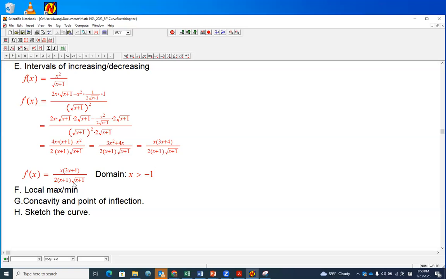What are the signs? This piece is going to be positive. How about x plus 1? x plus 1 is going to be positive because x is always greater than -1, right? So x plus 1 is always positive, so the denominator is always positive. The question is, how about the numerator?